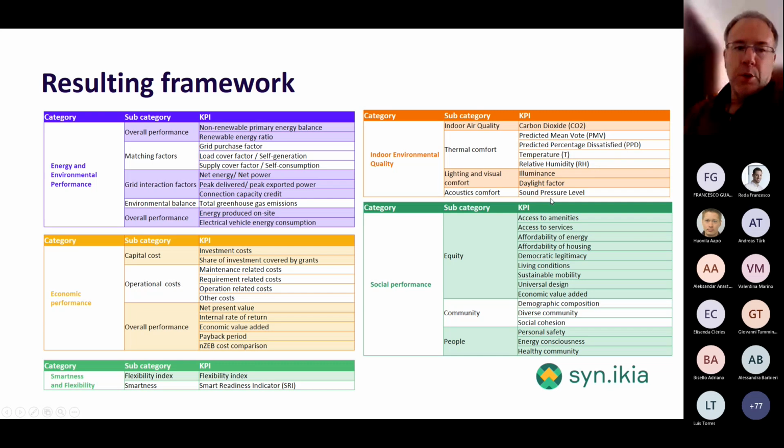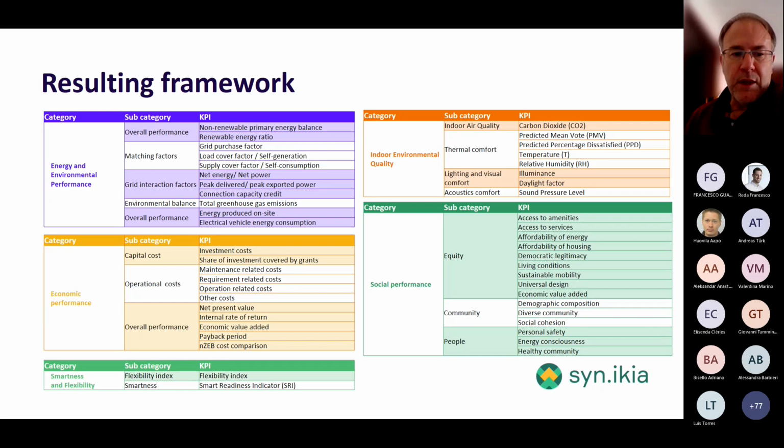That means we have an assessment of overall performance, also matching factors about self-generation, self-consumption and interaction with the grid. Also the environmental balance based on the total greenhouse gas emissions in the neighborhood, and also some additional indicators about energy production on site or the impact of electric vehicle energy consumption.